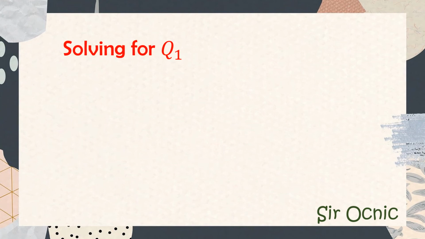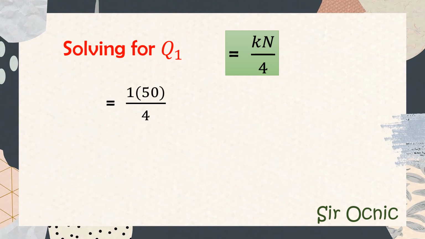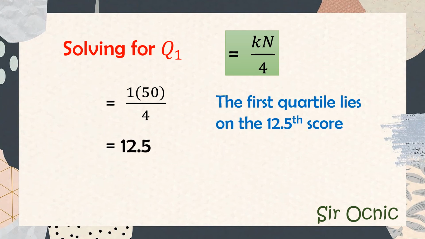Solving for the first quartile, using kn over 4 wherein k is equal to 1, that is equal to 1 times 50 all over 4, which is equal to 12.5. The first quartile lies on the 12.5th score of the frequency distribution.